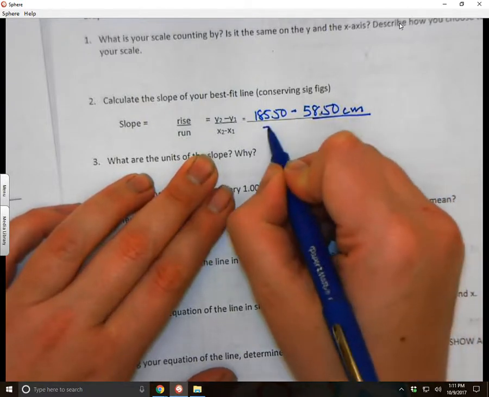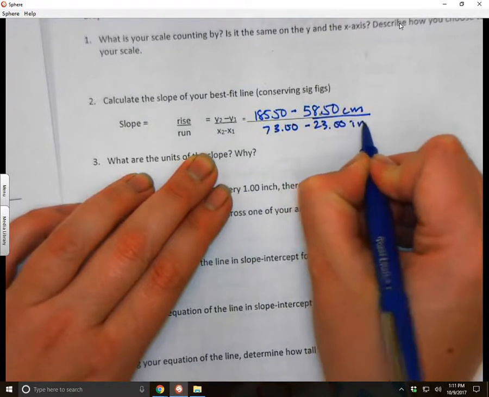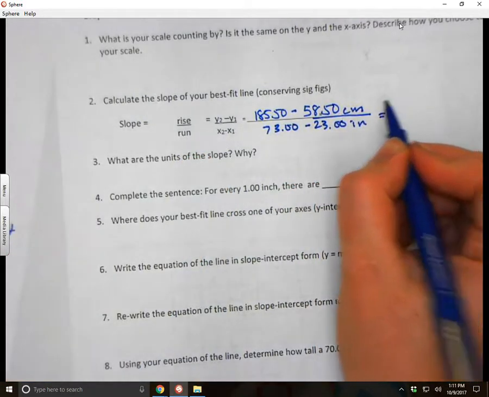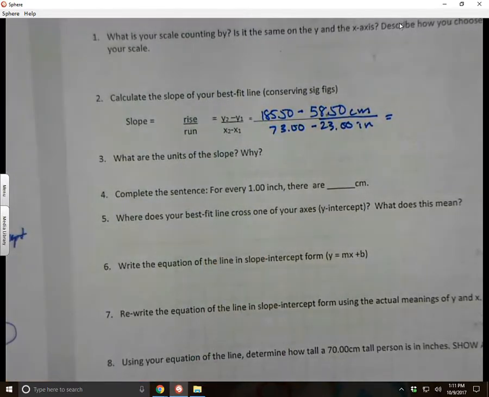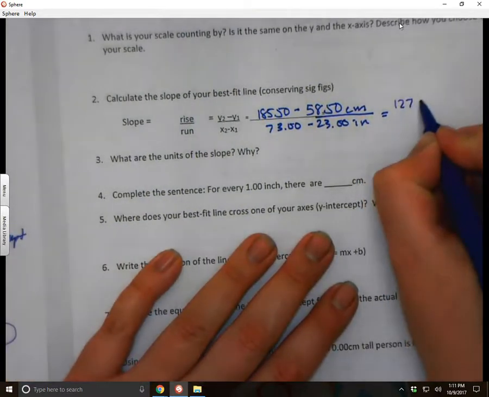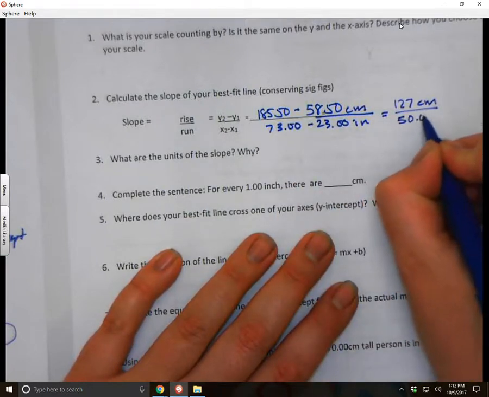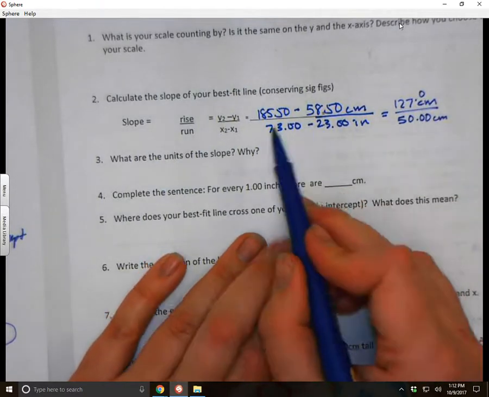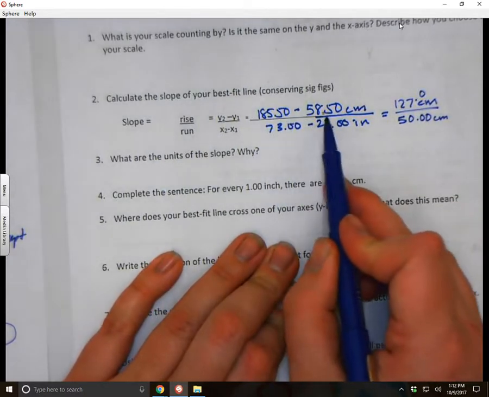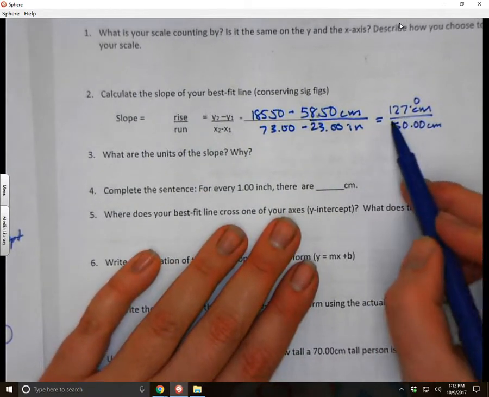So now when you do that math, I'm going to subtract the top 2, and that gives me, oh, I didn't actually write it down, 127 centimeters, divided by, on the bottom, 50 inches. This is actually going to be 4 significant figures. Notice there's 5 significant figures here, 4 here, 4 here, and 4 here. So in this answer, I can actually keep 2 decimal places. And here I can keep 4 because I'm subtracting.